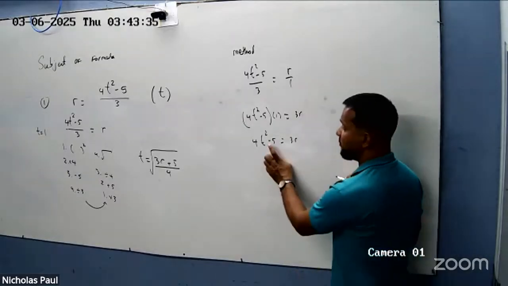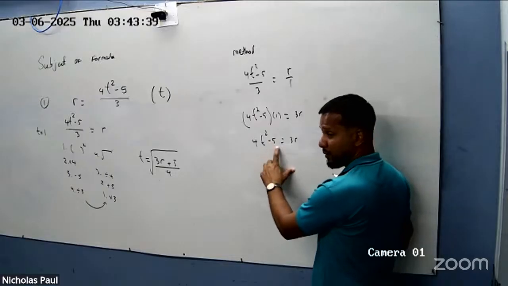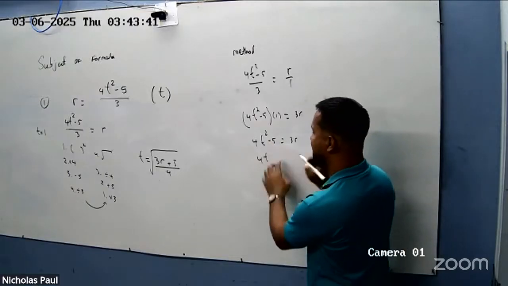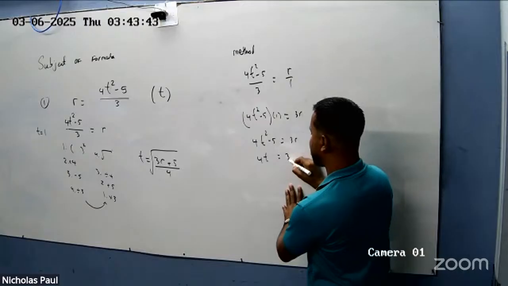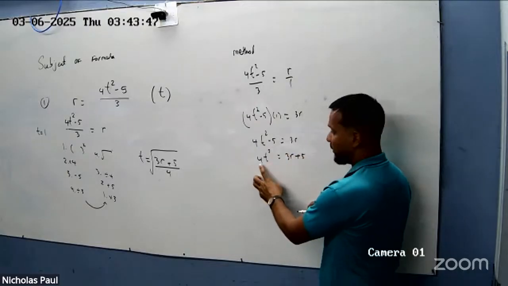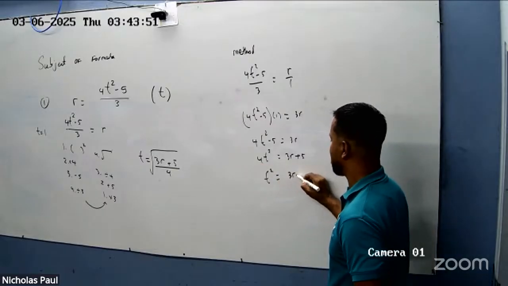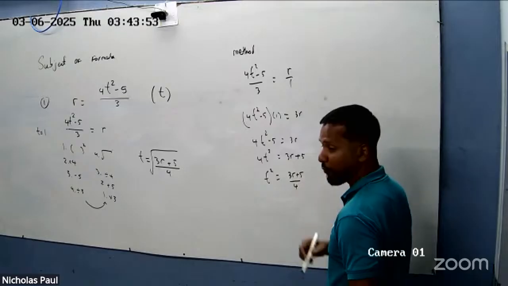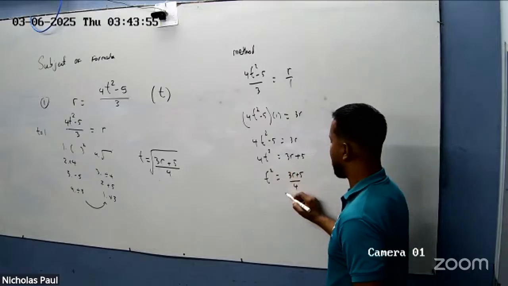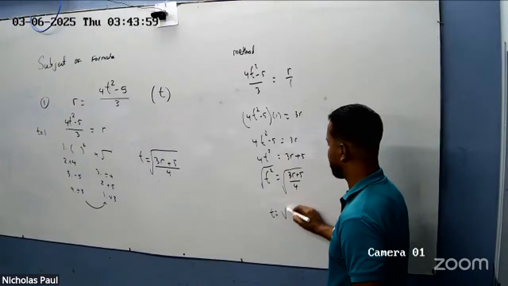And then we move across the minus 5 first by adding 5 on both sides. Then we have 4t squared, cross over the 4, and we'll get 3r plus 5 over 4. Then get rid of the squared by square root on both sides.